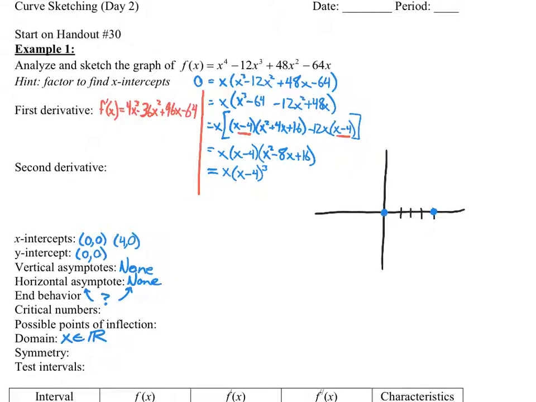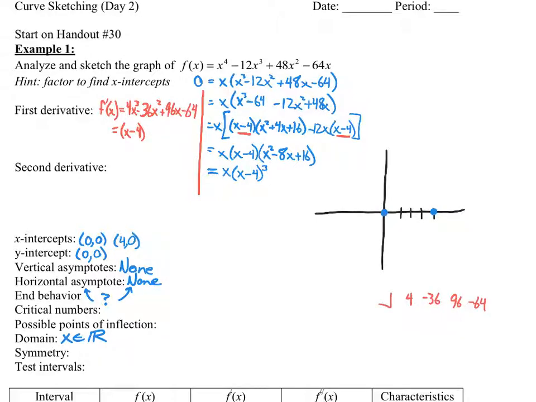So I could kind of anticipate that this is going to factor into x minus 4 times something. And to figure out the something, what can I use? Synthetic division.